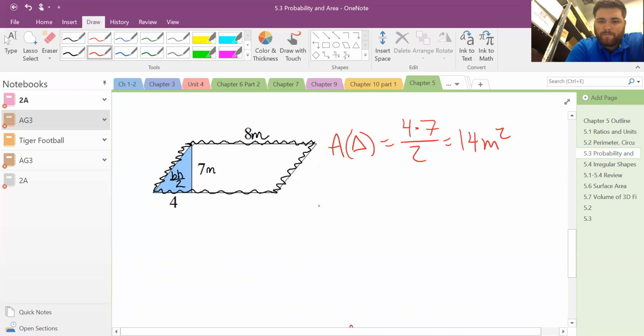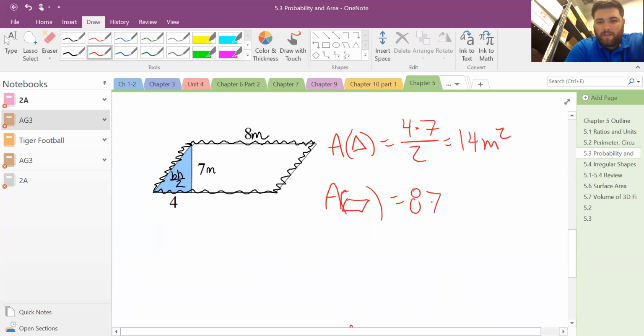Now, that's what we want. The total is going to be the area of my parallelogram here, which is just base times height. My base in this case is 8, and 8 times 7 is my height.